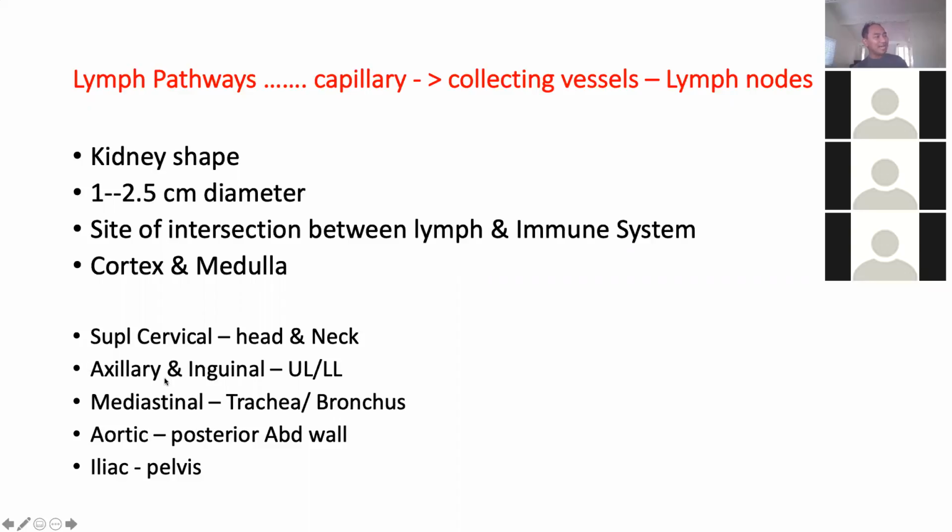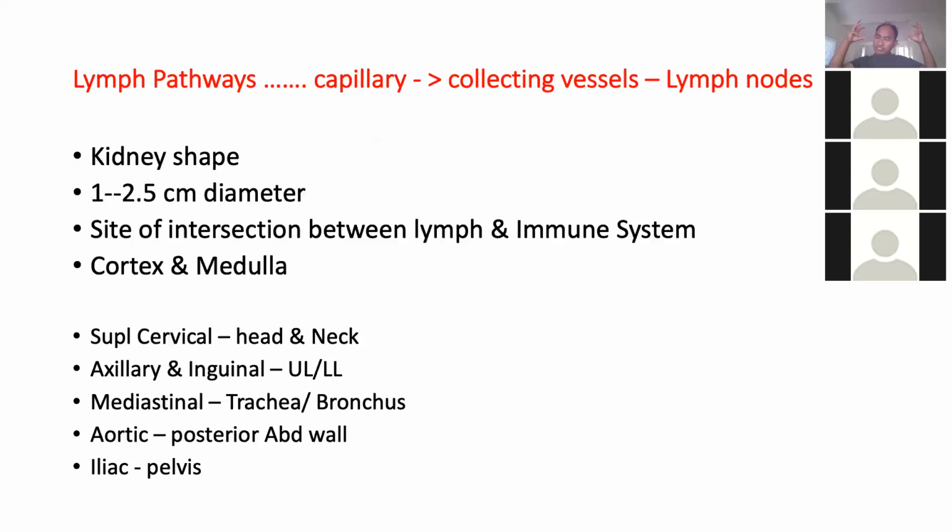If we see any enlarged lymph node in the axilla, we need to check the upper limb. If we see any enlarged lymph node in the inguinal region, in the groin, we need to check the lower limb. Because if there is any infection in the lower limb, it will drain into the superficial inguinal node or the deep inguinal node.